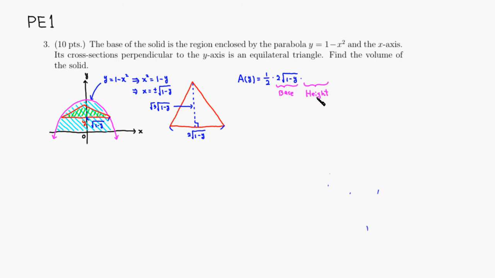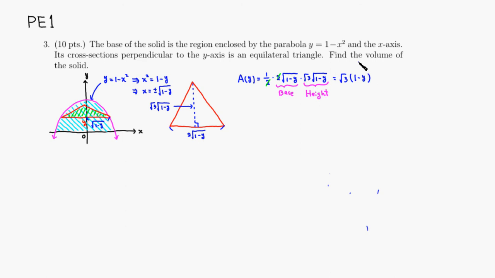The height is square root of 3 times square root of 1 minus y. So we can simplify: 2 on top and 2 on the bottom. You're going to get square root of 3 is definitely there, then you have square root of 1 minus y by itself, which is 1 minus y.